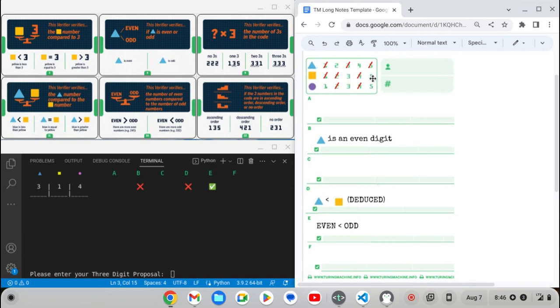So if square were 5, then it would be pretty tough to figure out what triangle would be. I guess the ordering could, no, the ordering wouldn't help, because it would be increasing either way.